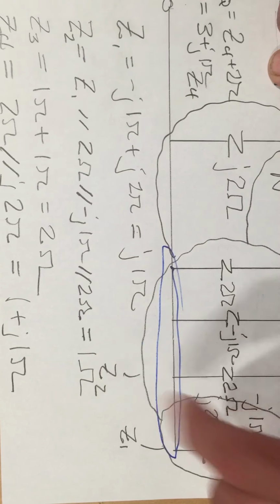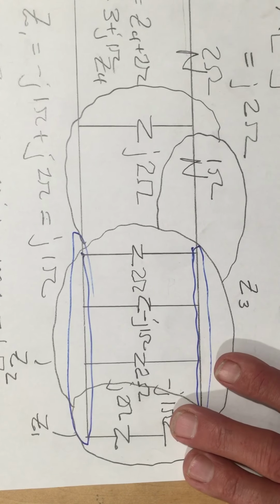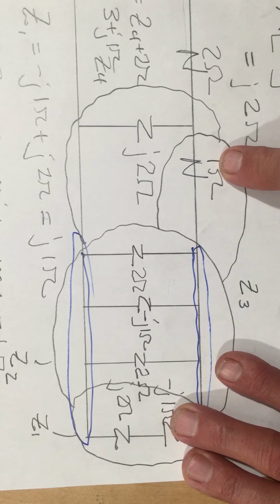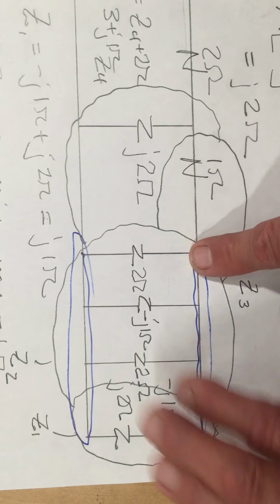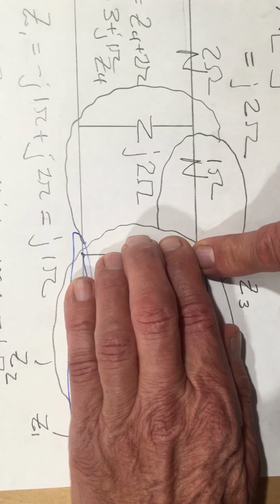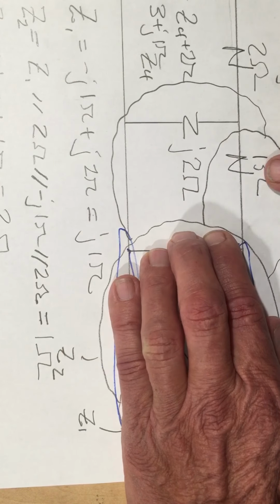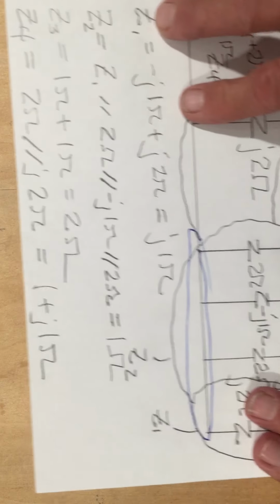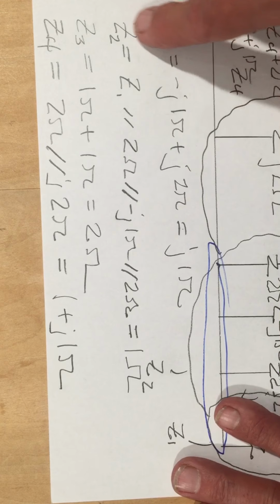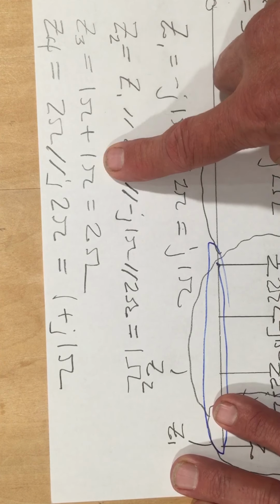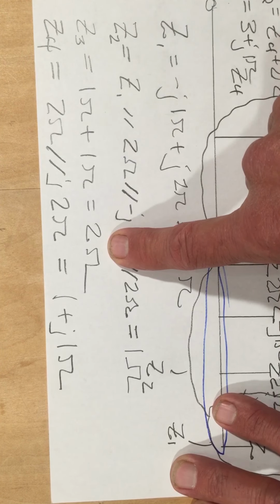All right? Now, I have this other 1 ohm resistor up here that will be in series with this combination. So 1 ohm plus 1 ohm will give me 2 ohms. So Z3 becomes 1 ohm plus 1 ohm equals 2 ohms.